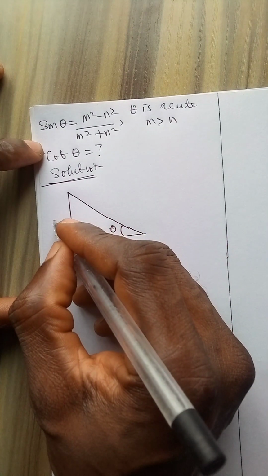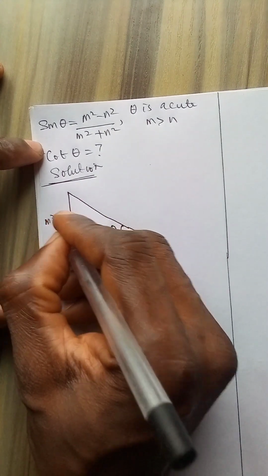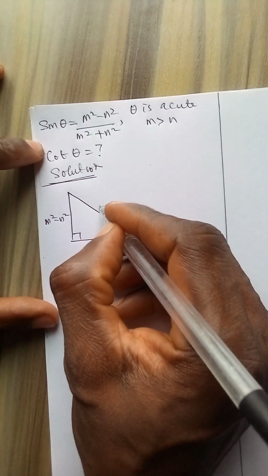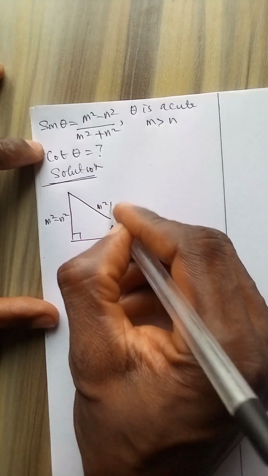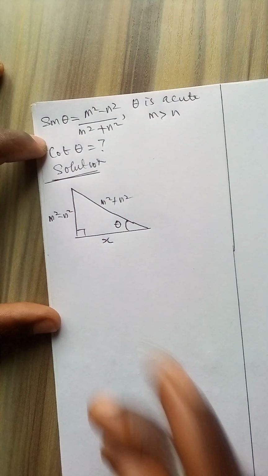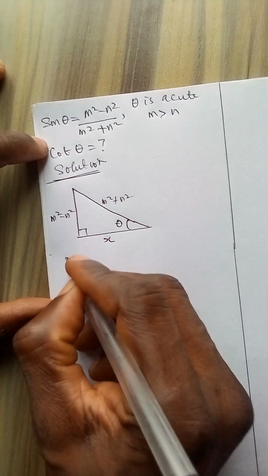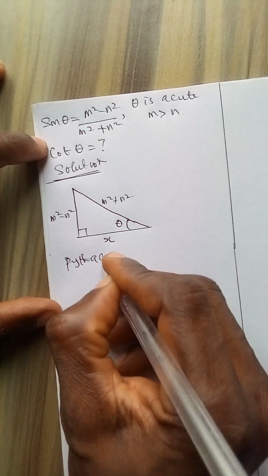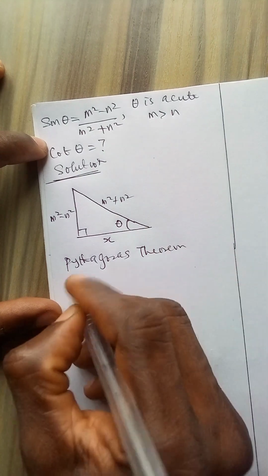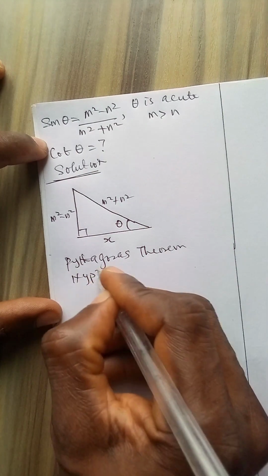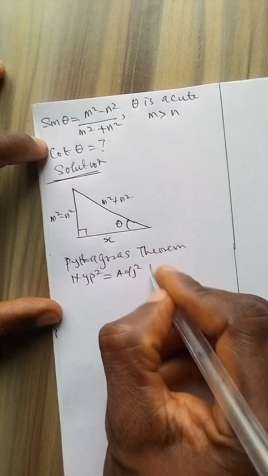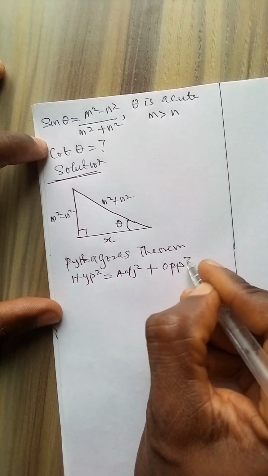If here is the opposite side, then here is m squared minus n squared as we have it in the formula. And if here is the hypotenuse side, this is m squared plus n squared, and this side becomes the unknown. So if we now apply Pythagoras' theorem, we have it that hypotenuse squared is equal to the adjacent squared plus the opposite squared.